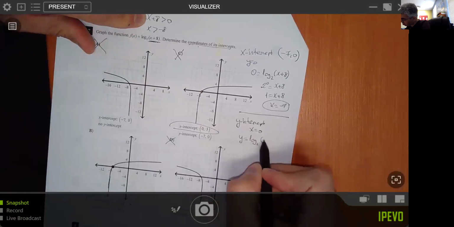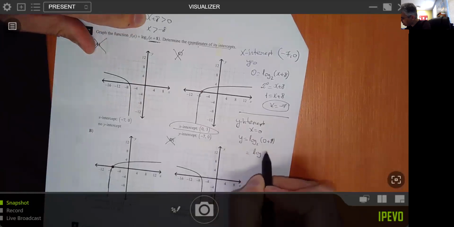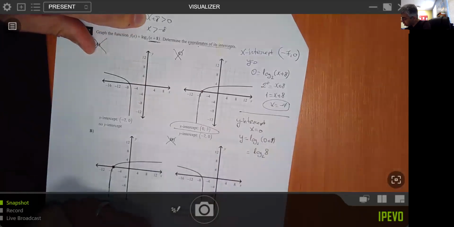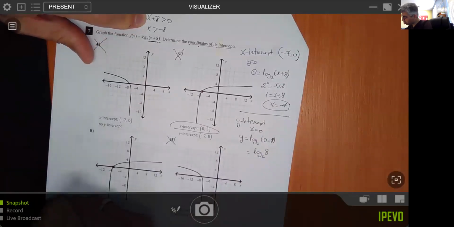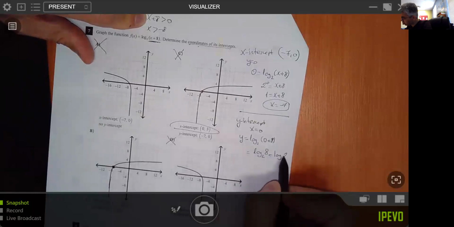It's log of 0 plus 8 base 2. So that is logarithm of 8 with base 2. How can I write 8? As 2 cubed. So that is logarithm of 2 cubed base 2.